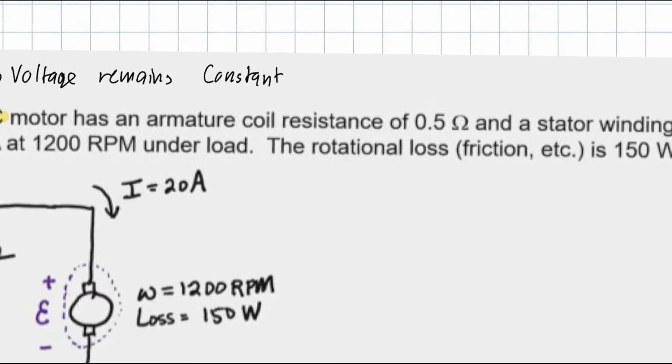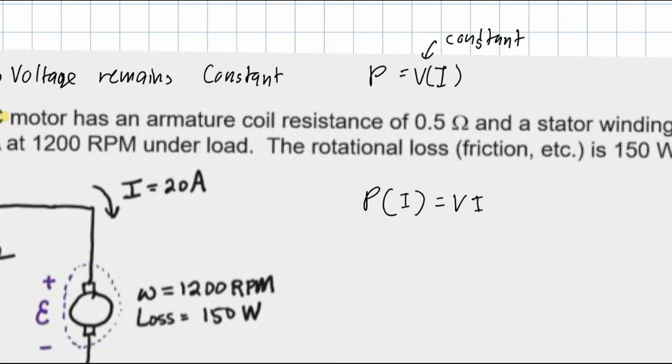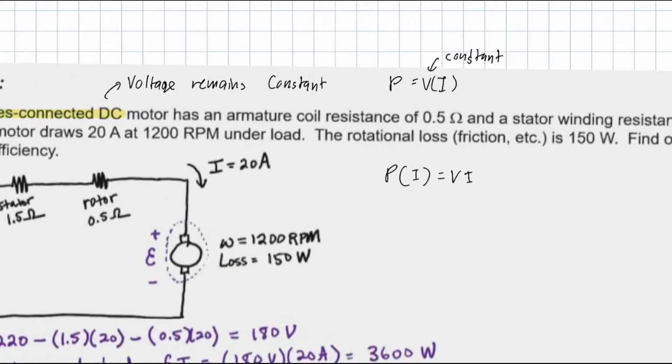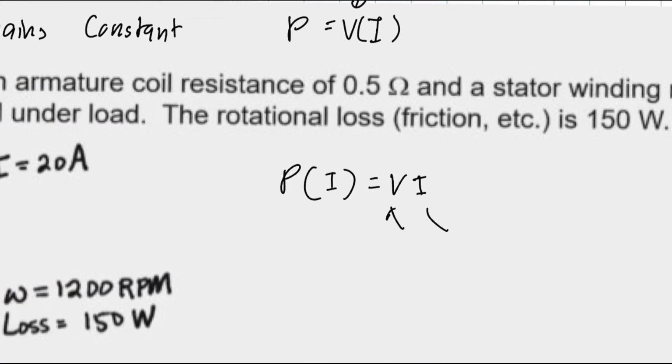So power is a function of I only, because V is constant. The power is only a function of I, which is VI. I hope you understand. If both were variable, it would be harder. Only one variable, which is I.